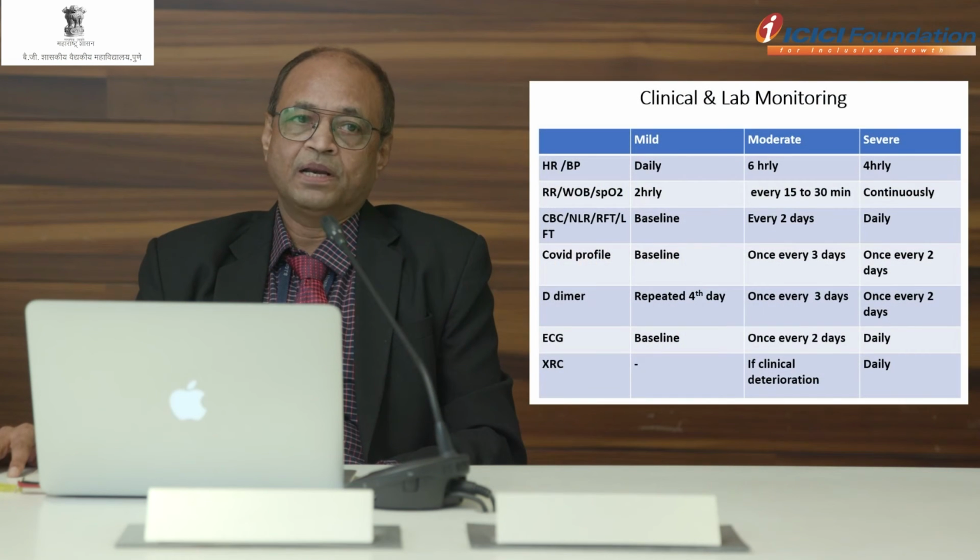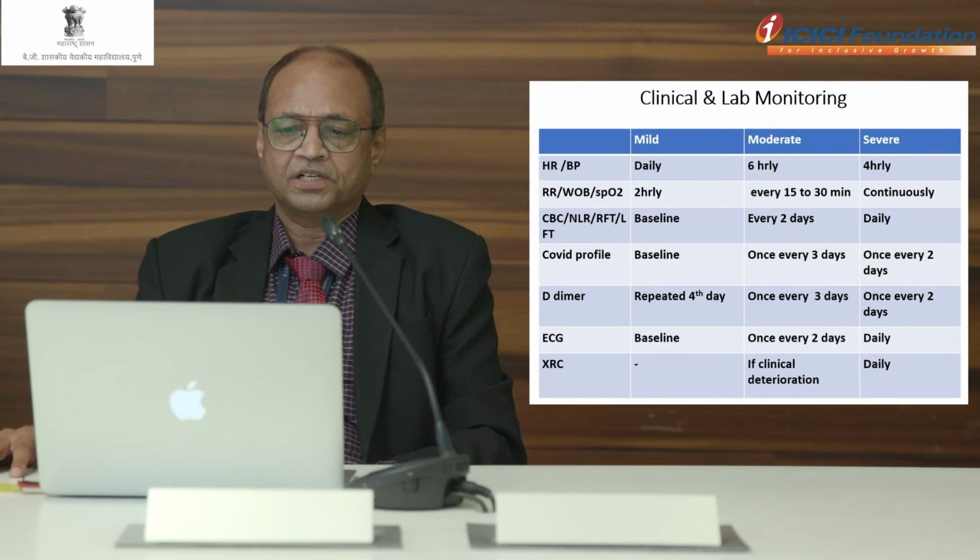As far as the management is concerned, the most important thing in patients who have either mild, moderate, or severe illness is monitoring, monitoring, and monitoring. That is very important. And what is monitoring? Very simple parameters. We are supposed to monitor the heart rate, the blood pressure, the respiratory rate, work of breathing, and the SpO2.